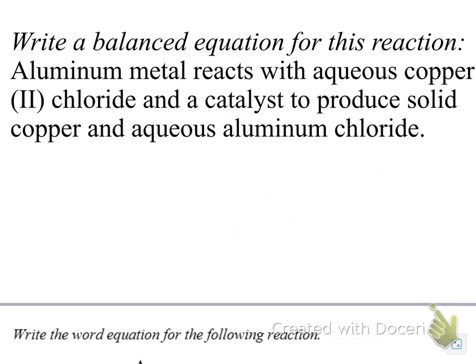Okay. So let's take a look at writing a chemical equation from words, right? We've done this before, and actually some of these are the same things we've done. So let's just start. We have aluminum metal, so it's aluminum solid. It reacts with aqueous copper(II) chloride. So copper is a +2, chloride's a -1, so it's CuCl2, and I gave it the aq symbol.